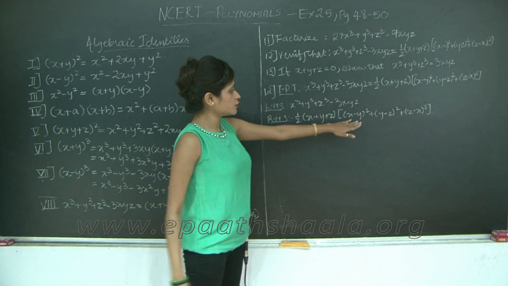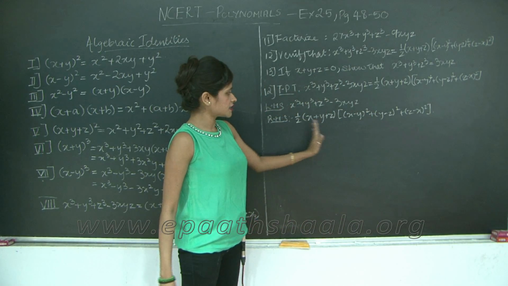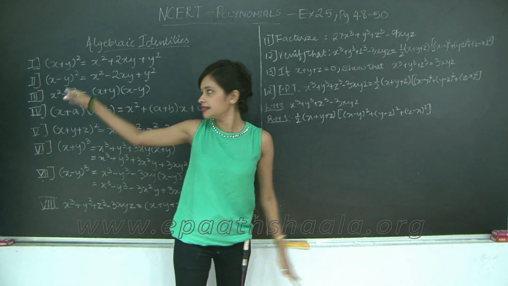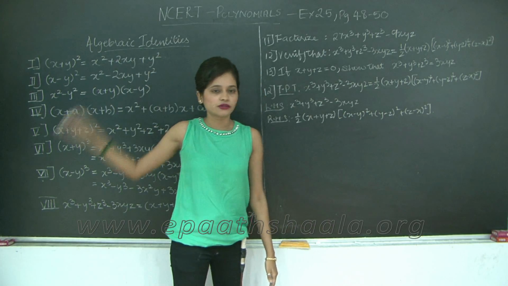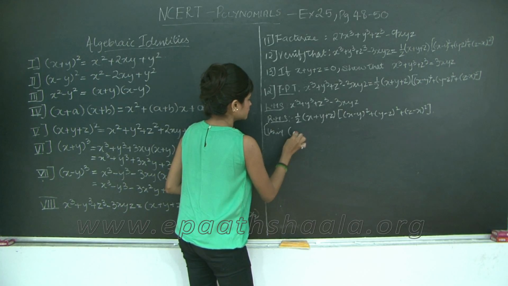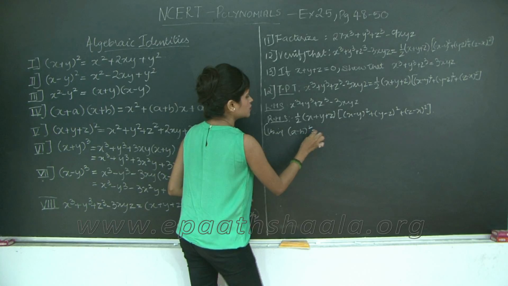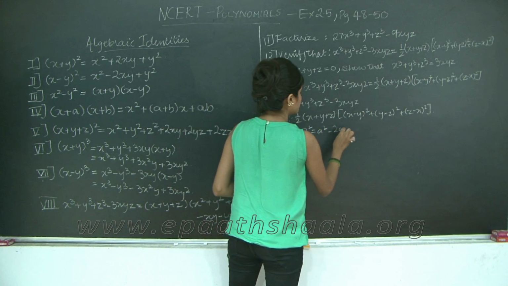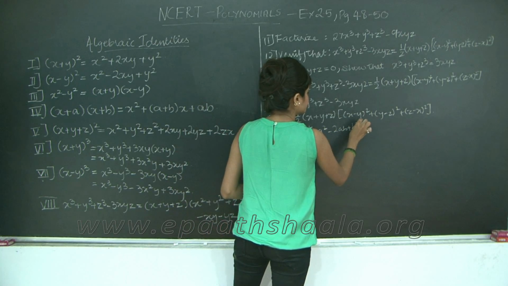Right? Now I am going to leave the first bracket until here and solve this question using identity number 2, x minus y the whole square. Right? So I will say using a minus b the whole square is equal to a square minus 2ab plus b square.